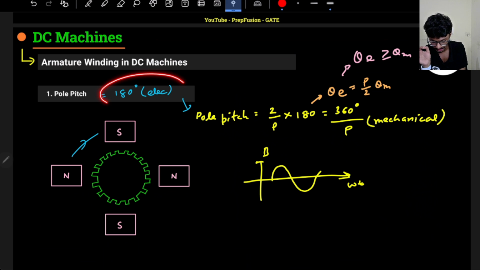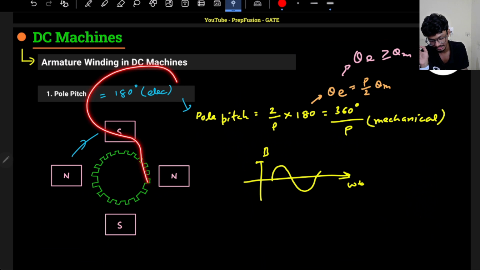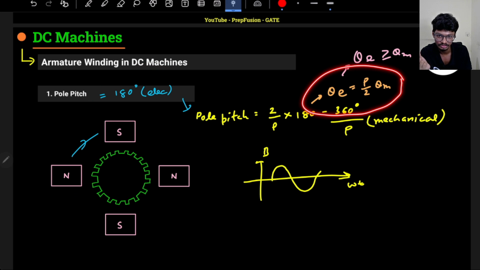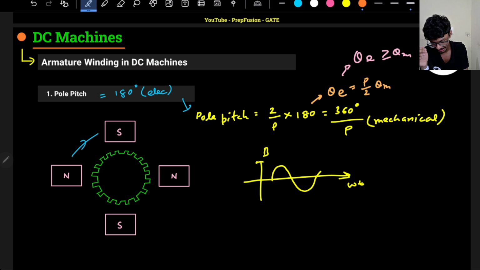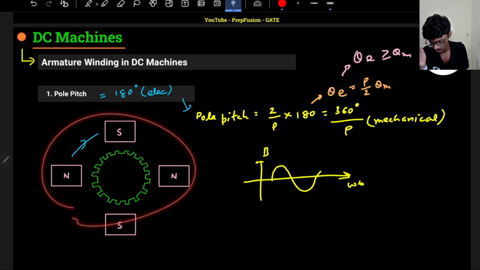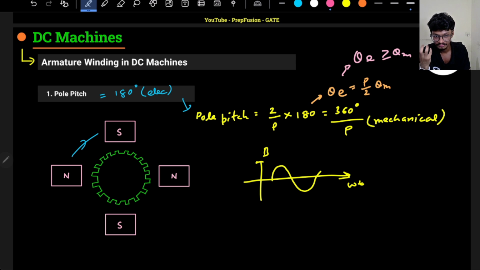We know that electrically the angular distance between two poles will always be 180 degree electrical. How can I find it mechanically? We know the relation theta is equal to P by 2 into theta m. Then I will be able to find my mechanical angle. Here, if you see, it is a 4-pole machine, right? Physically, what is the pole pitch in terms of mechanical angle? It is 90 degree.